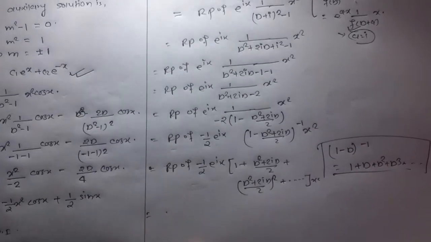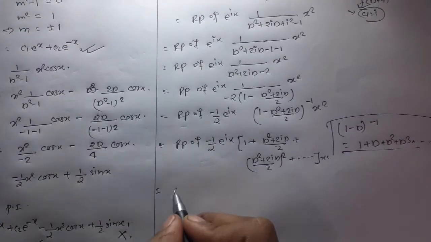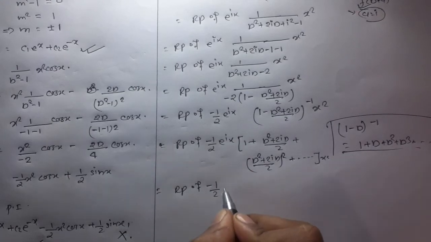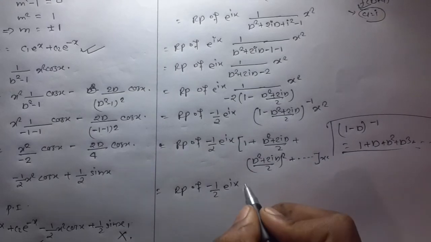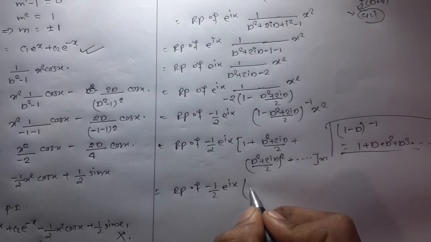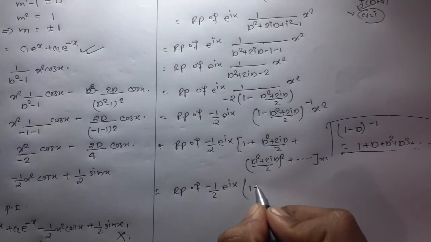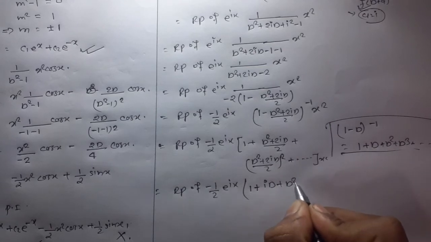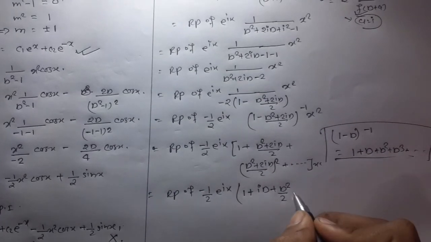This equals the real part of −1/2 e^(ix) [1 + iD + D²/2 + (2iD/2)² + ...] x².